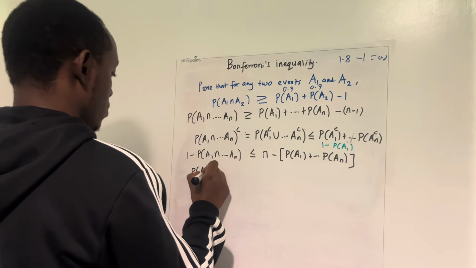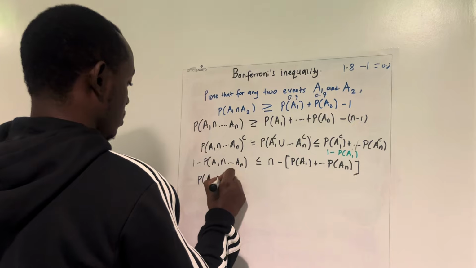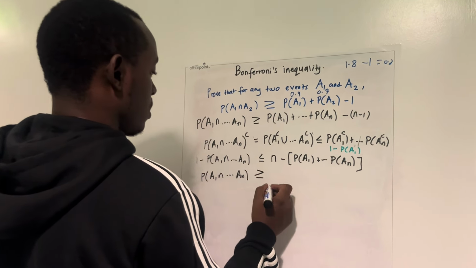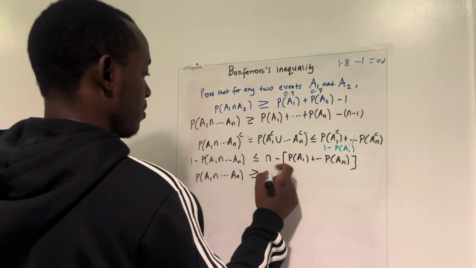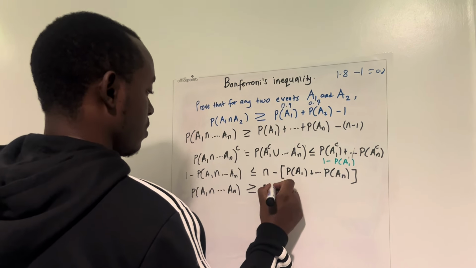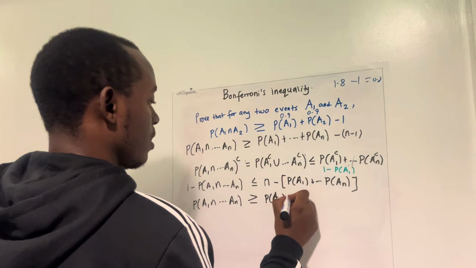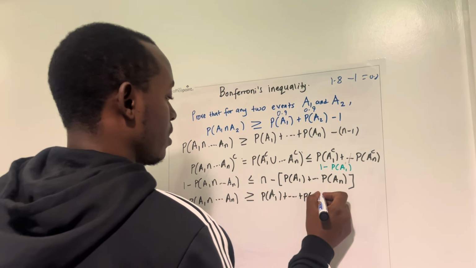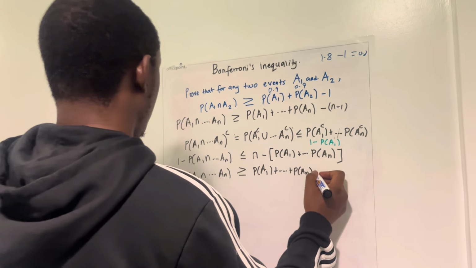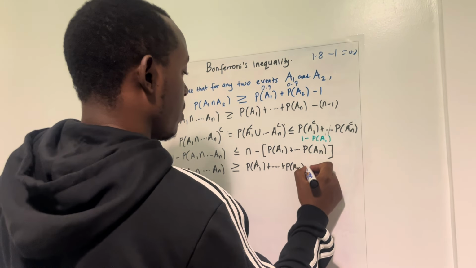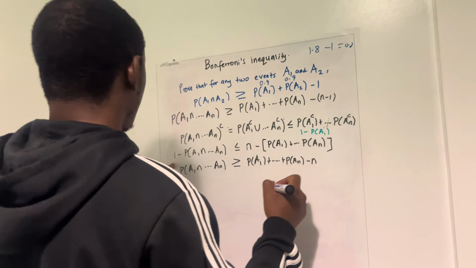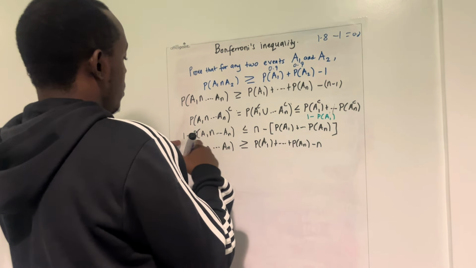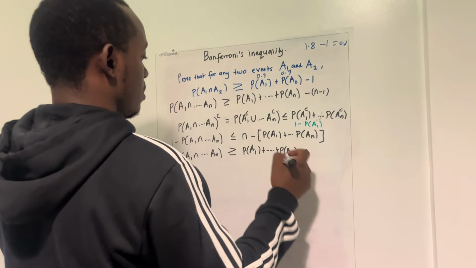I will have the probability of A1 intersection through An, with a change of the inequality. Since it was negative, it becomes positive, and the inequality flips. Then plus the probability of An, and the n became a negative n, and the negative one becomes positive when we bring it to this side.